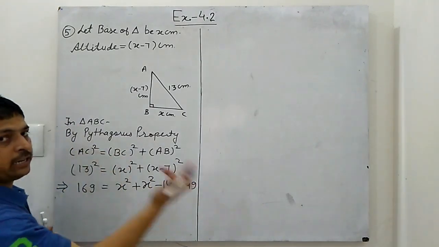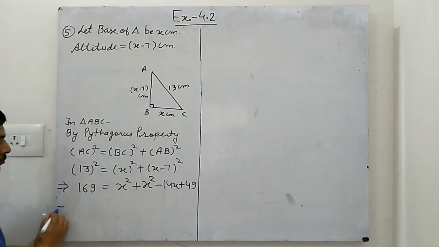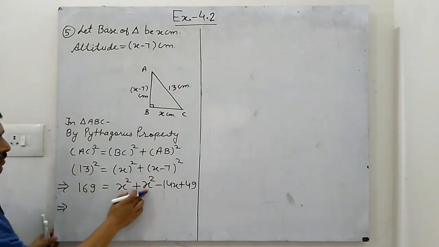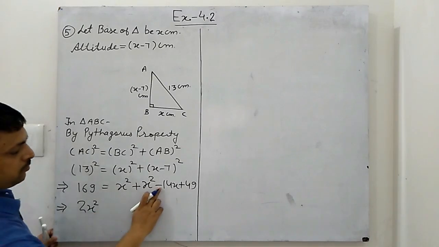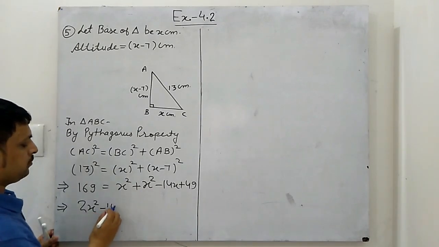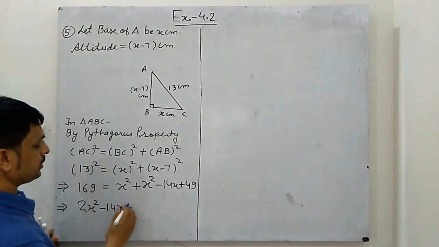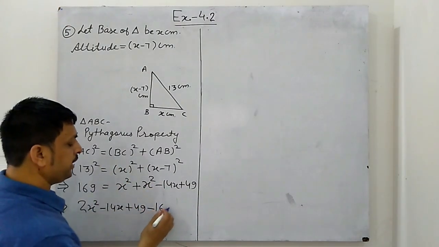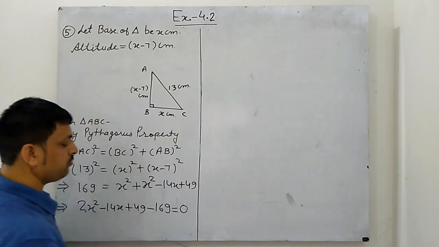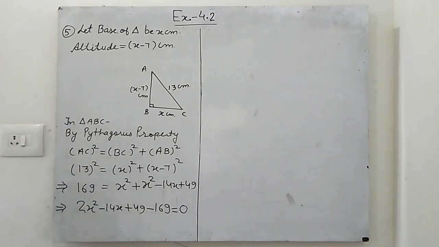This 169 can be shifted there. So x square plus x square, it is twice of x square, minus 14x plus 49. This minus 169 will be negative. Minus 169 is equal to 0. Is it clear?